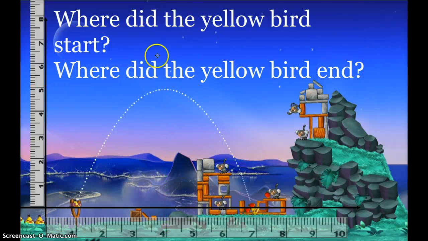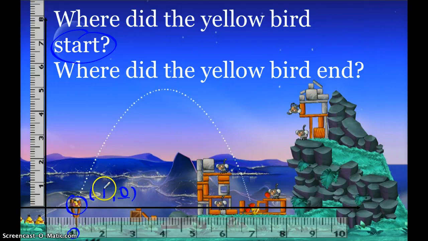Now the question is, where does it start? And the start point is right down here. That's where the bird started. What's the value? Remember, x values first, and just like we said in the objective, it's going to be something comma 0. Always comma 0, because the y value is 0. Well, let's look at the x value.